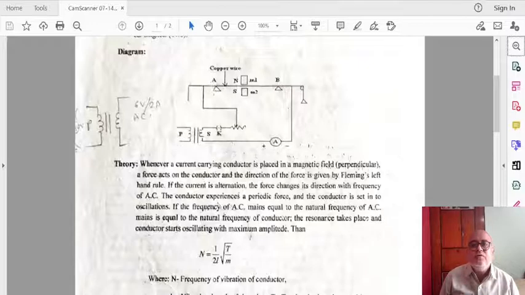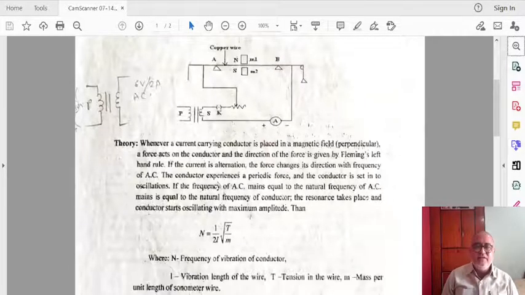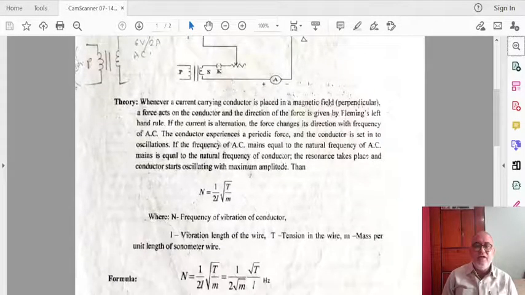Here this copper wire gets vibrated, or we can see that a resonance is formed, and then we have a formula n equals 1 upon 2l root of T by m, where n is nothing but the frequency of vibration of the conductor.